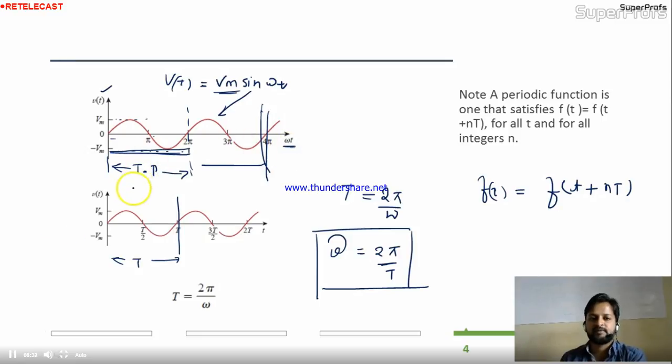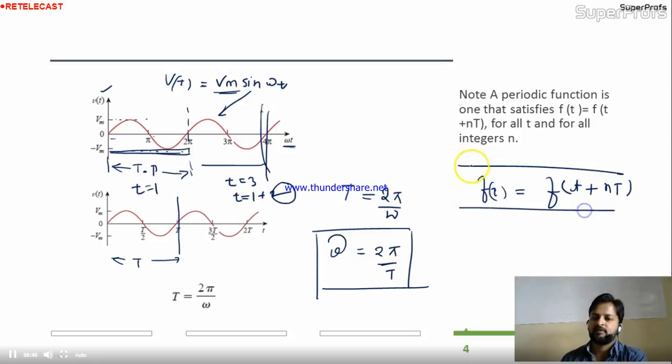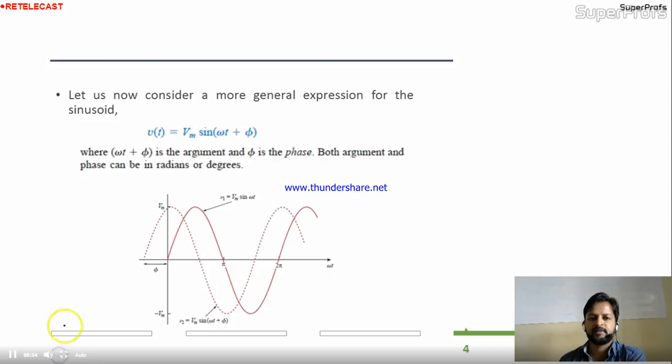Suppose here is time t = 1, and here is time t = 3, means t = 1 + 2, so after 2 it's repeating itself. This we call the periodic function. These are the basic things, so I hope it's already clear to you.